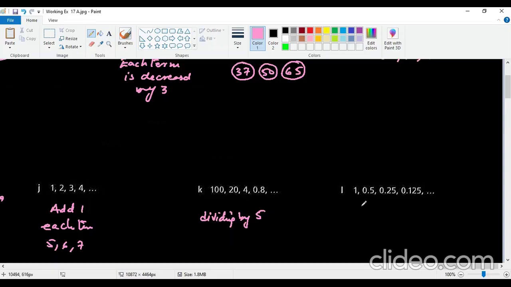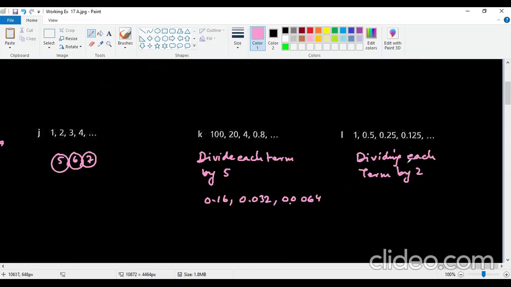Then comes the last question of this session. It is going to be 1 is divided by 2 to give you a 0.5. 0.5 is divided by 2 to give you a 0.25, and then keep on dividing. So dividing each term by 2 or making half of it is the same thing.